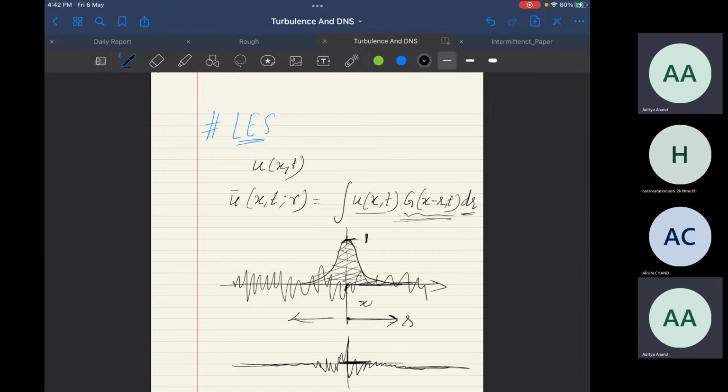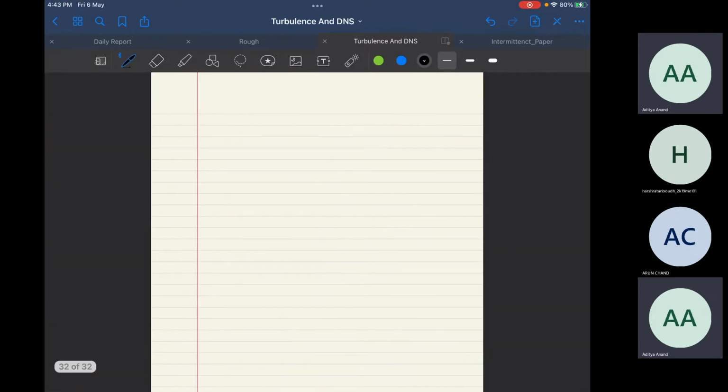So you have your velocity signal and you apply this filter. For all x, it will go on averaging the flow, and you'll get a filtered velocity field.